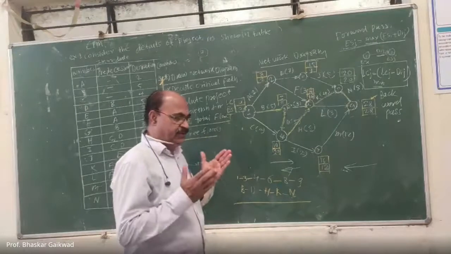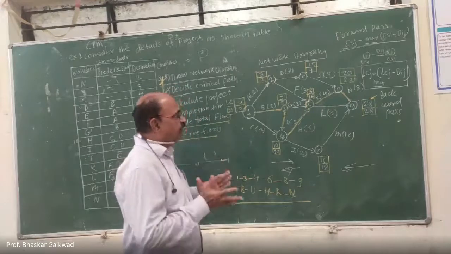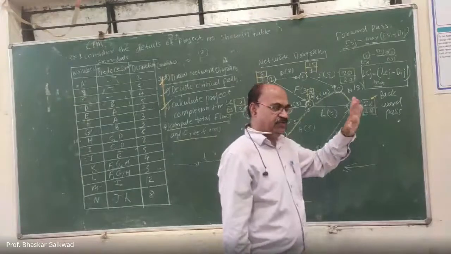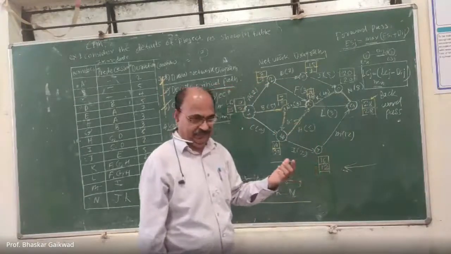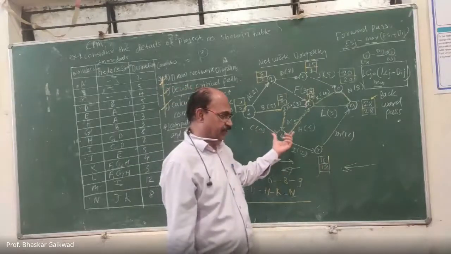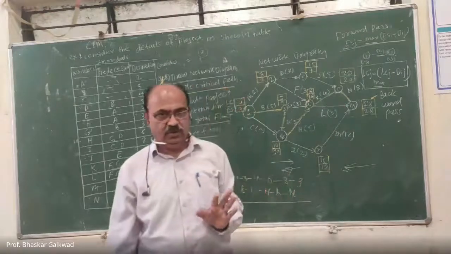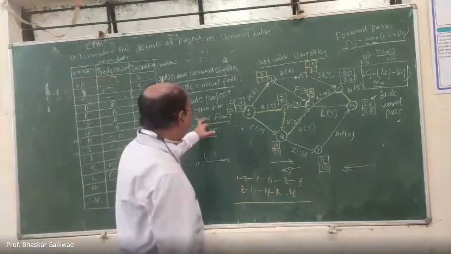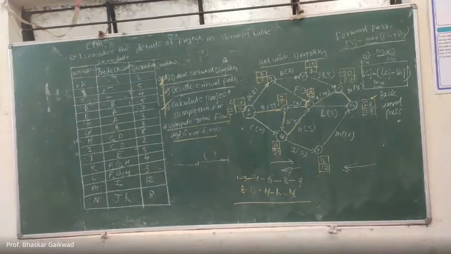An activity can be delayed without affecting the project's total time. So the project total time will remain the same, but it is expected to delay. But there should not be any effect on the total time. So how do we calculate the total float and free float? For this also we require one more table. That table we're going to solve.